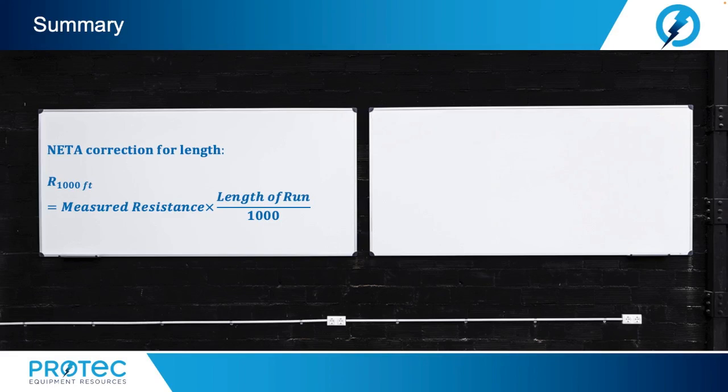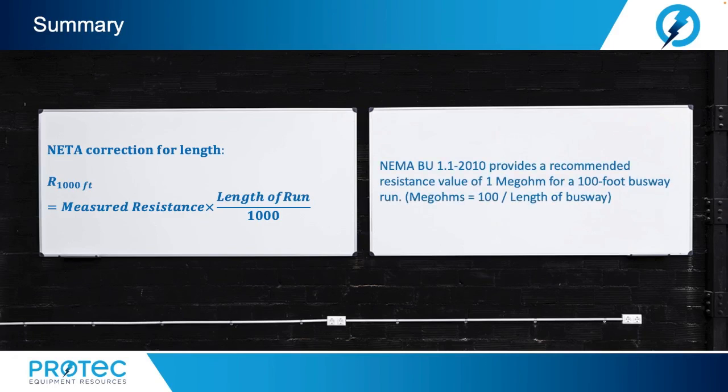So the measured resistance times the length of our run divided by 1,000. Whereas NEMA BU 1.1 provides a recommended resistance value of 1 megohm for a 100-foot busway run. The megohms would equal 100 divided by the length of the busway.